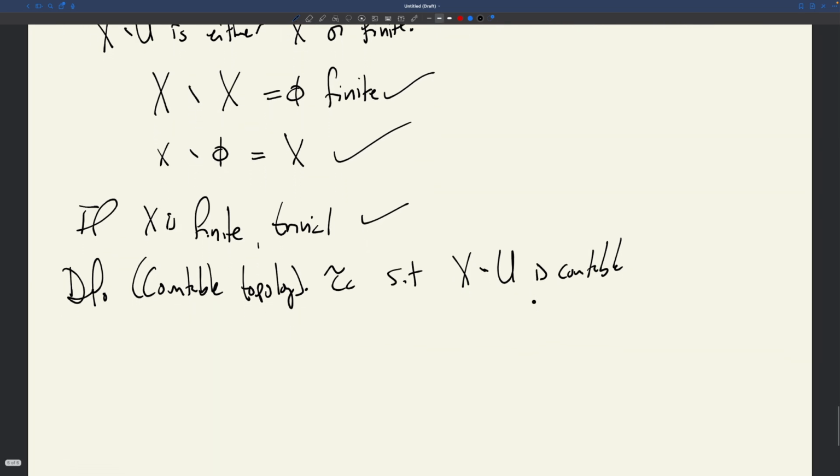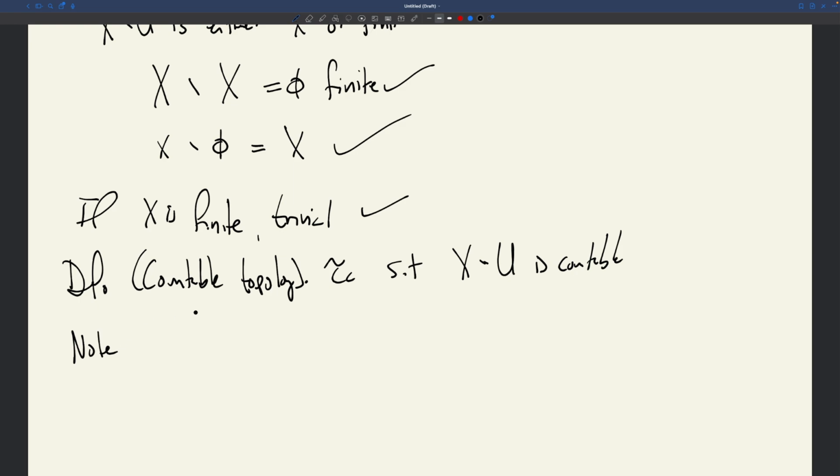This should follow easily, but I do want to note that if X is countable, then it's also trivial. And you might wonder why.